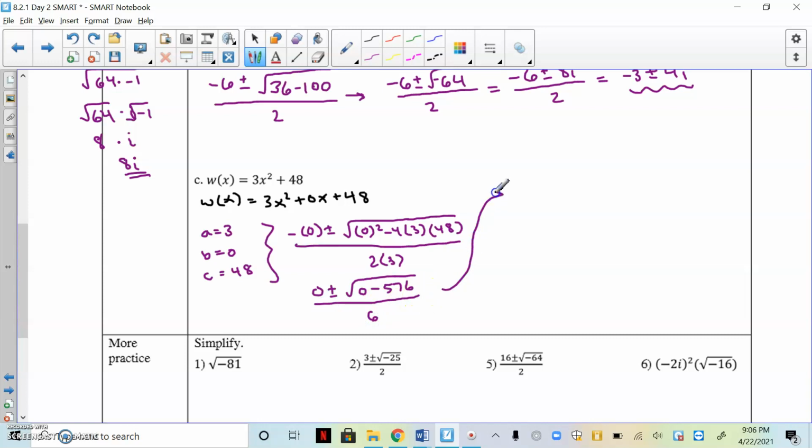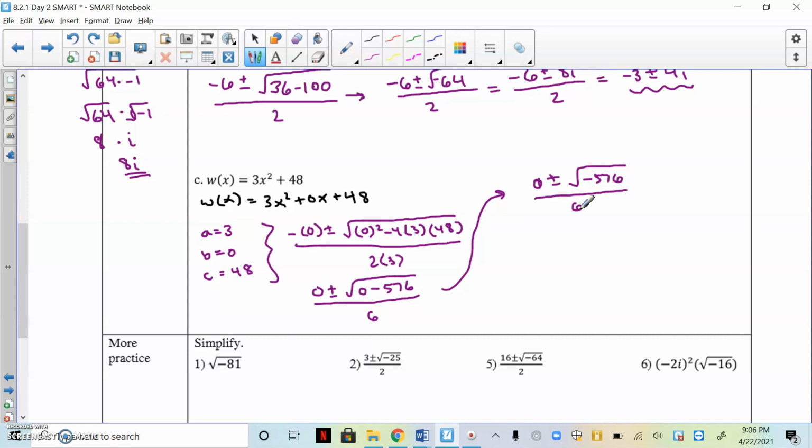Now let's bring this up over here. At this point, we don't even need that plus or minus anymore. Actually, we could just leave it. 0 plus or minus, and in the square root we have negative 576, and then we have a 6 down here. Now, negative 576, we can simplify.